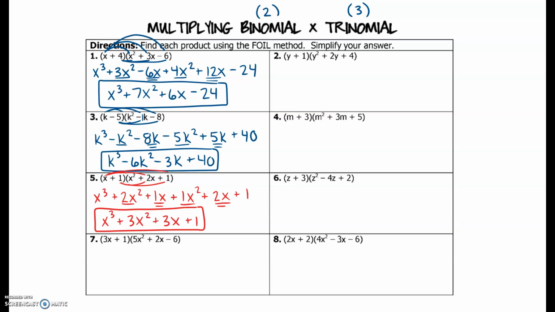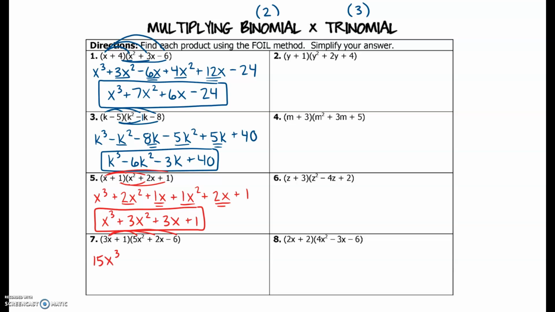Okay, in number 7, the last problem here, you'll notice that we actually have a number in front of this first term. So we're going to multiply 3x times everything in the parentheses. So 3x times 5x squared would result in 15x to the third.